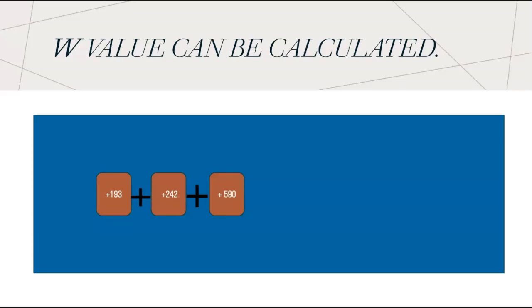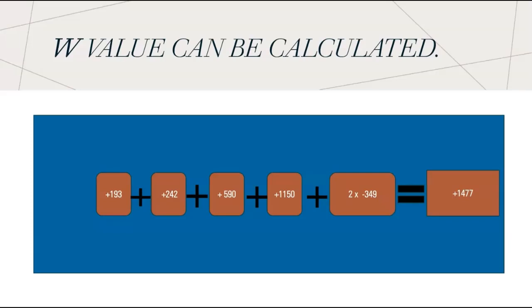And then we use the second ionization energy of calcium, which is 1150. And last but not the least, we are using electron affinity, which is minus 349, and we multiply it by 2 because we have 2 chloride ions, and we reach plus 1477, and this is the amount of energy which is required for step W.